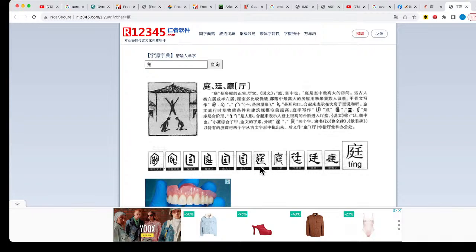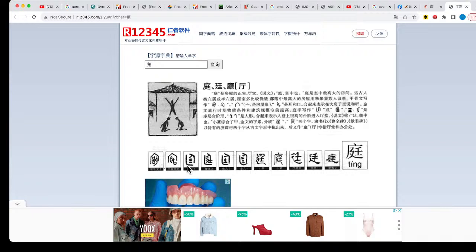Later on this gradually changed. Because the conditions were much better, people's ability to build a much better house was also greater, and so this changed to become like this. The three little strokes right there mean the steps.